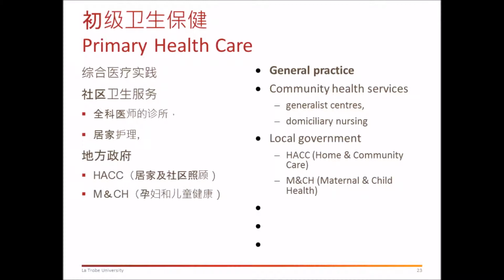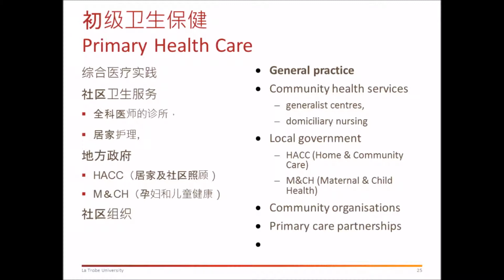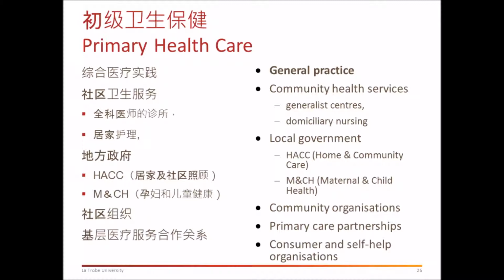Local government provides some services such as home and community care and maternal and child health organisations, and less frequently there are community organisations that will provide advice, primary healthcare partnerships which link all these disparate groups together, and there are also some other consumer and self-help organisations that provide some avenues for primary healthcare.